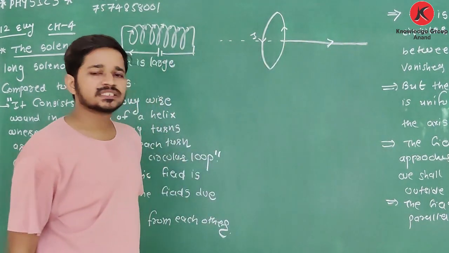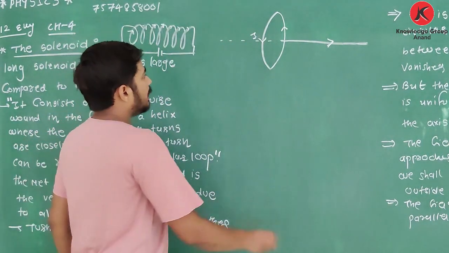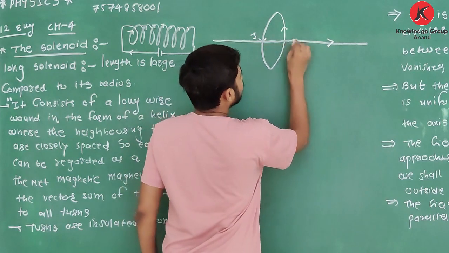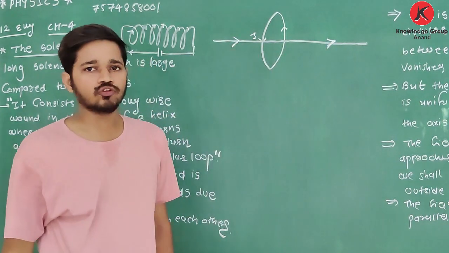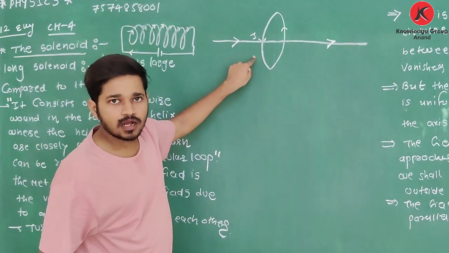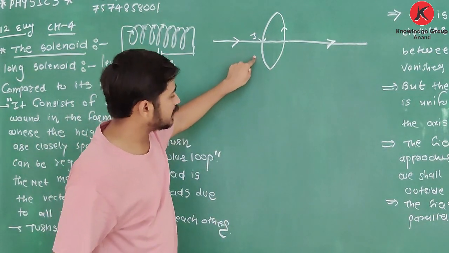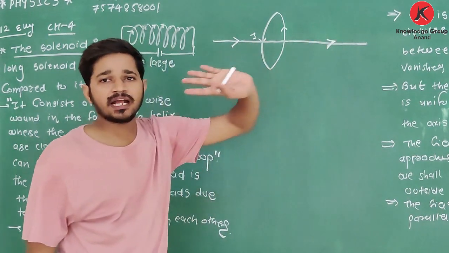But there are some characteristics of magnetic field lines: they form closed loops. In our theory, we have discussed the magnetic field only on the axis.